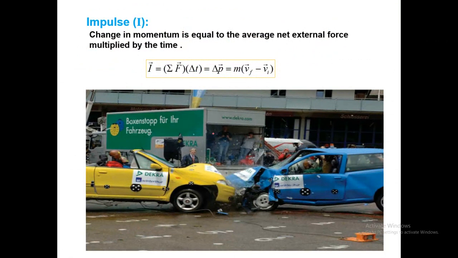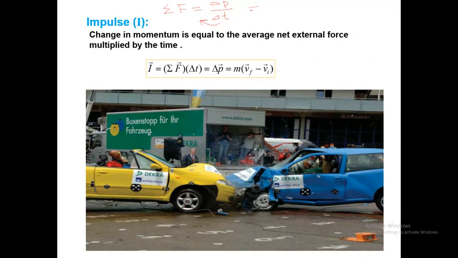Impulse. You see, we discussed on the last page this equation many times, delta P over delta T. If I take this delta T, it will come with F. So F and the time multiplied.